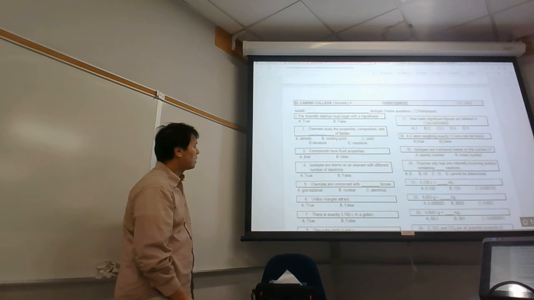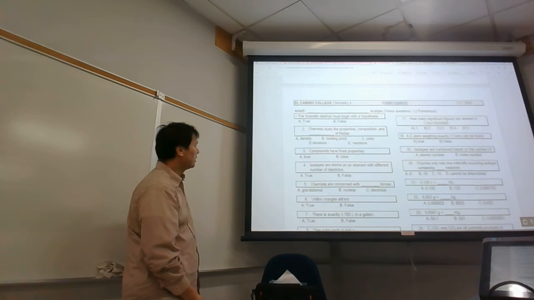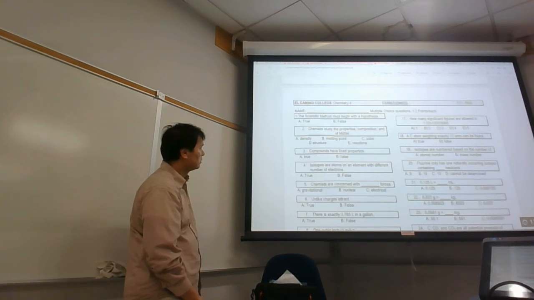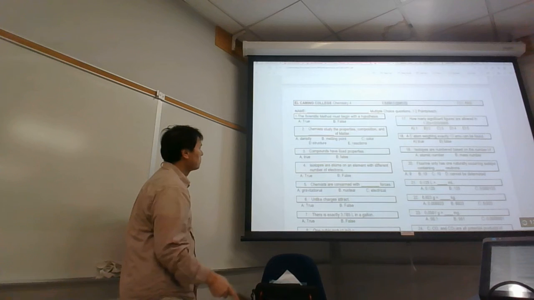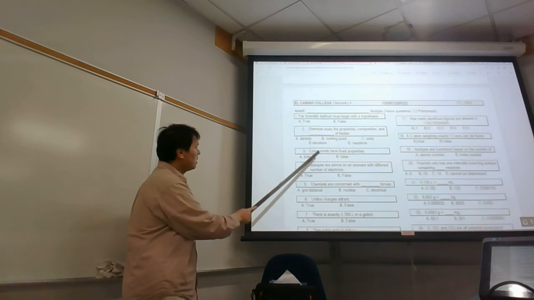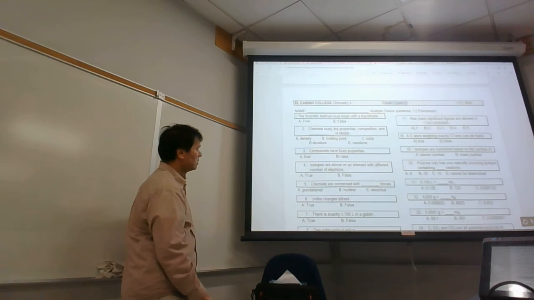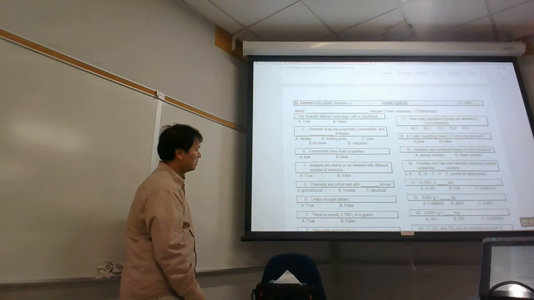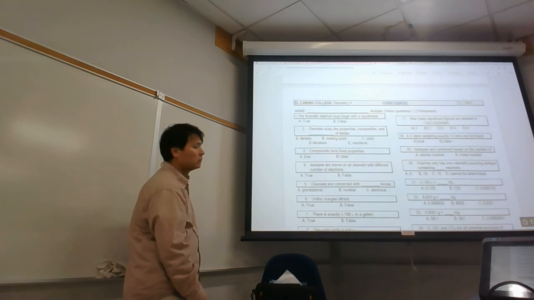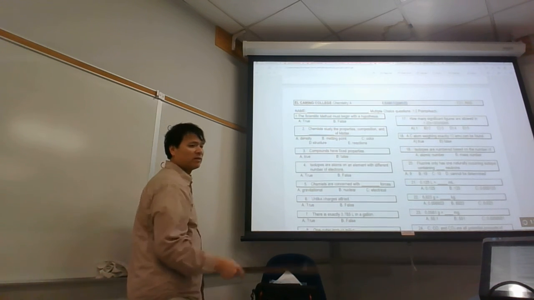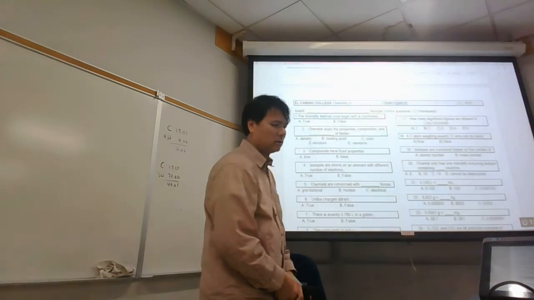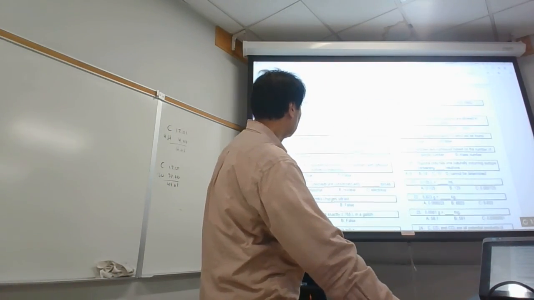Two, chemists study the properties, composition, and blank of matter. Structure. D. Three, compounds have fixed properties. True. What has variable properties? Mixtures.